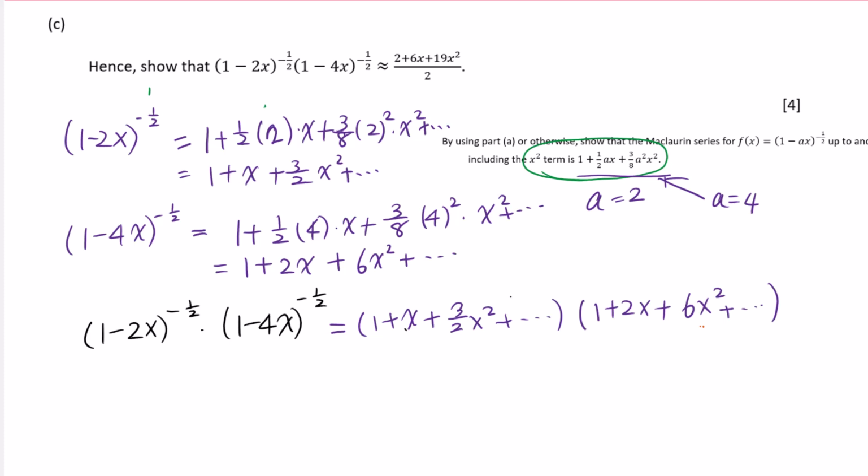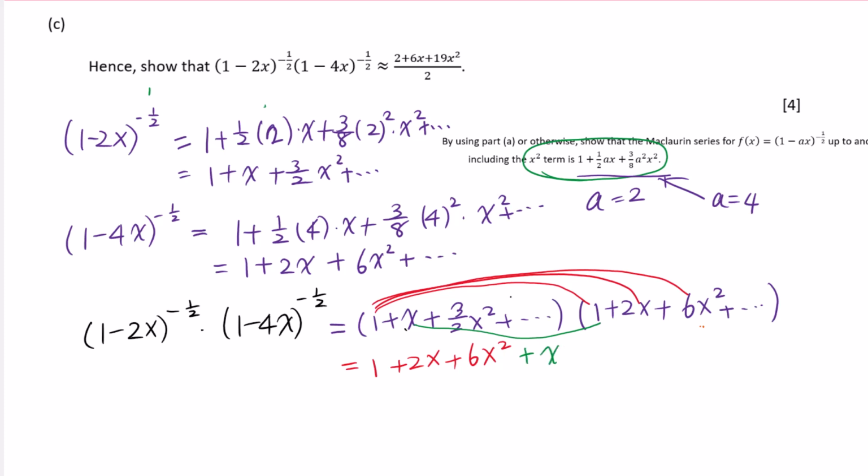We will do the FOIL. 1 times 1 is 1. 1 times 2x is 2x. 1 times 6x squared is 6x squared. Then go to this x. X times 1 is x. X times 2x is 2x squared.